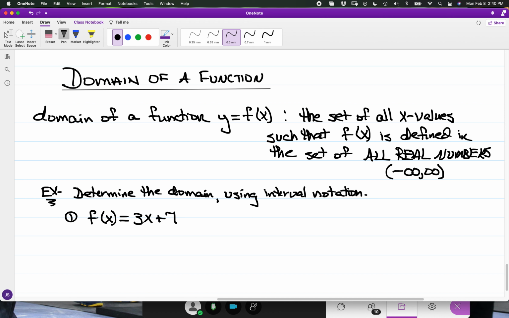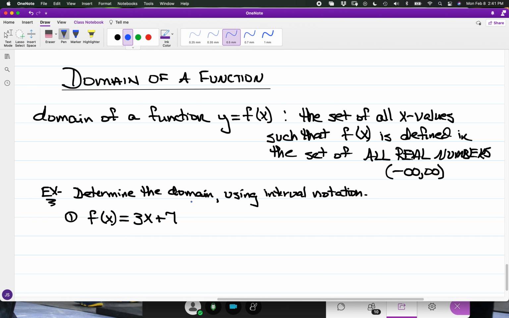So we have our variable term 3x. Now, x could be 0, and if this were the case, f of 0 would be equal to 7. If x is positive, I'll still have a defined value for f of a positive value. And if x were negative, I'll still have a defined value for f of x.